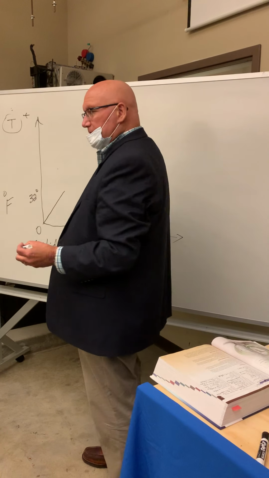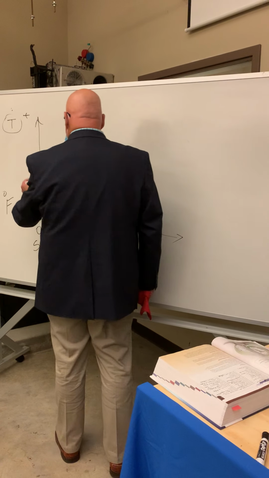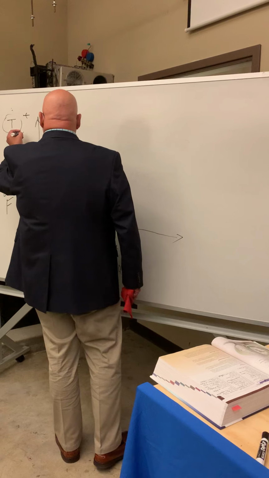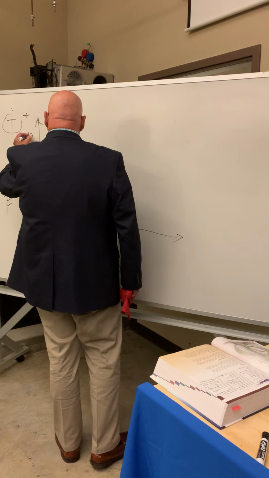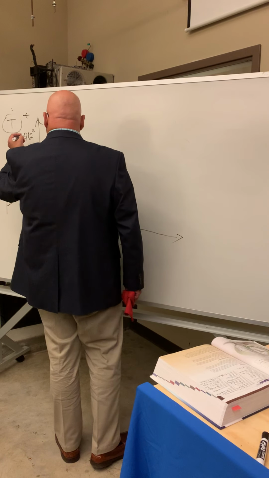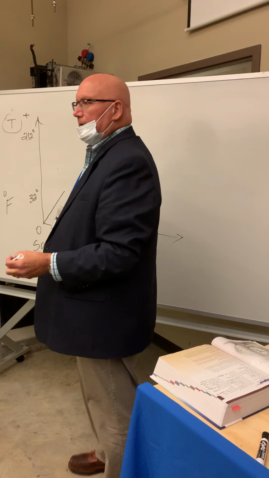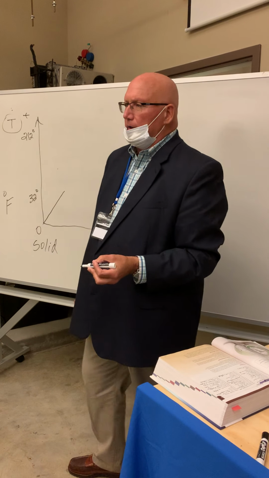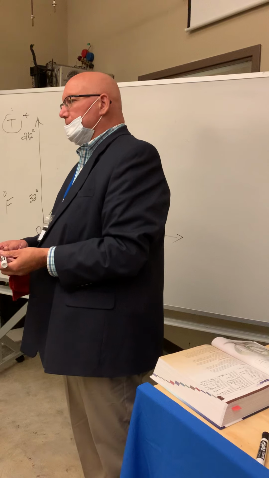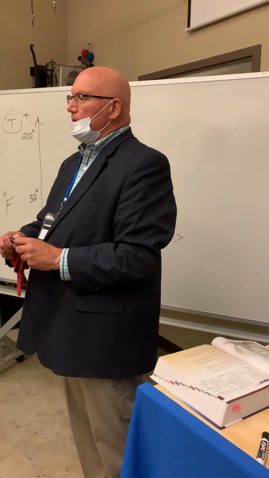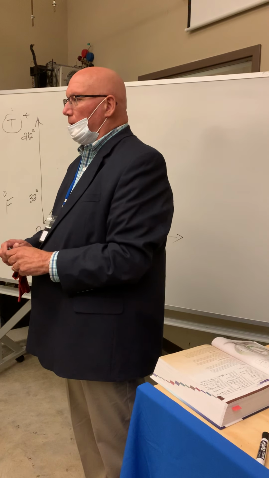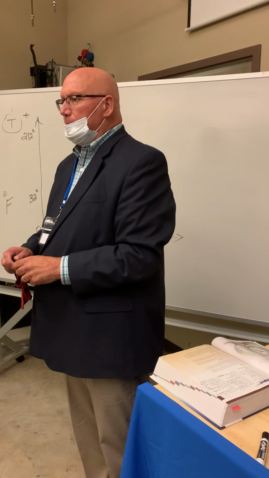Now, as the temperature goes up, it's going to max out at 212 degrees Fahrenheit. Why did I pick 212 degrees Fahrenheit? Yeah. That's where water begins to boil, right?